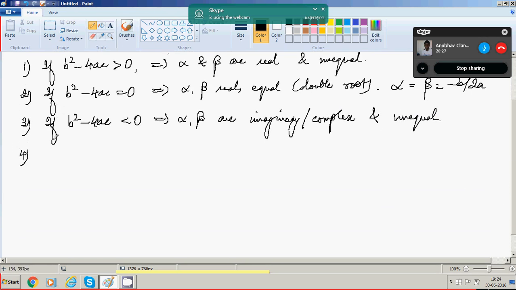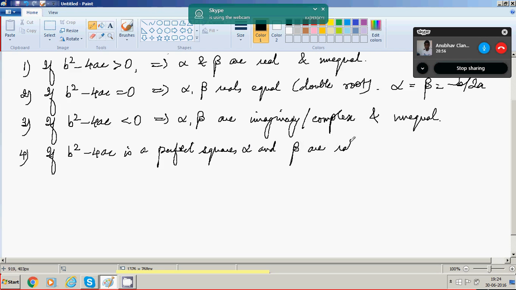Fourth, if b squared minus 4ac is a perfect square, alpha and beta are rational and unequal.